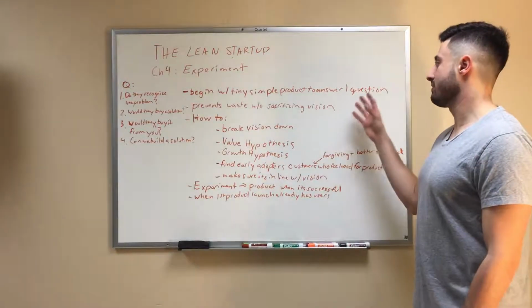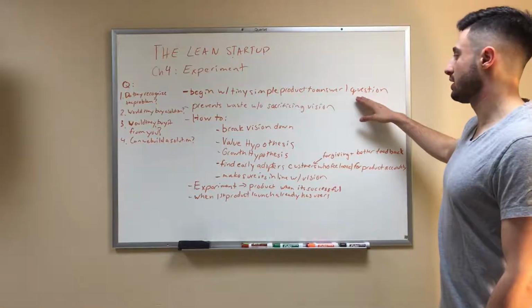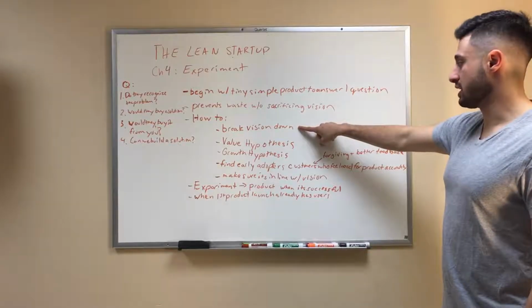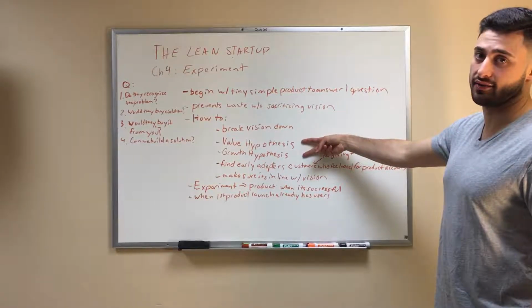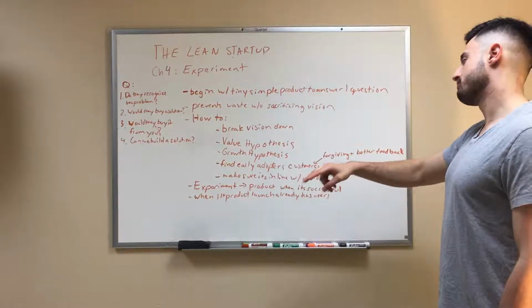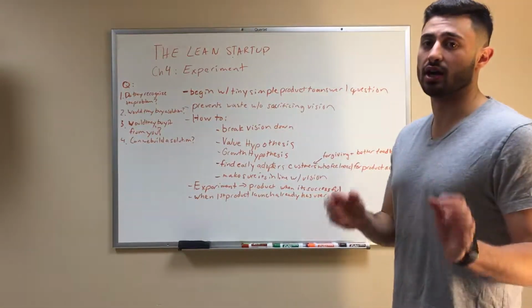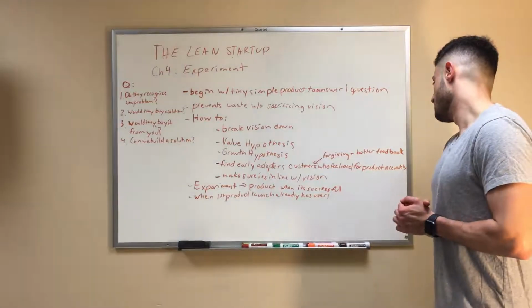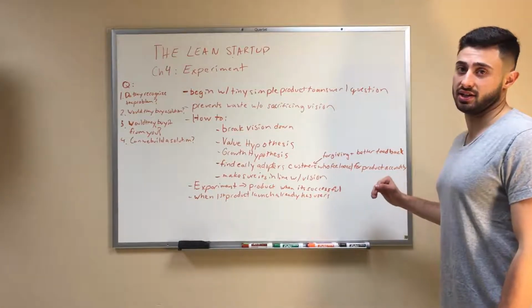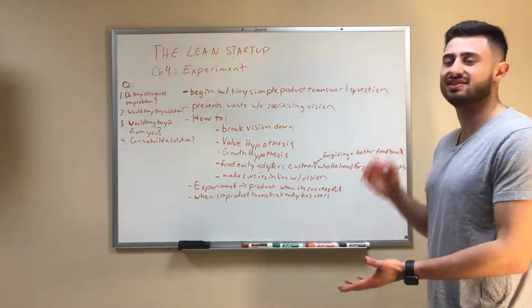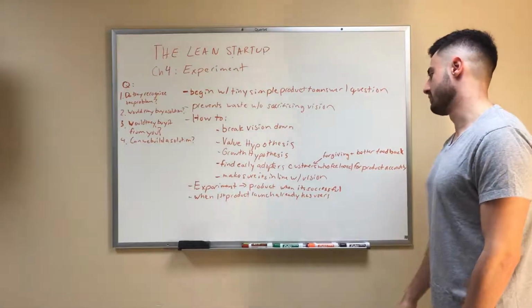Once you have this tiny, simple product that is in line with your vision and is testing a growth hypothesis and a value hypothesis, you need to find early adopters. These early adopters are customers who feel the absolute need for this product, your ideal person for it.